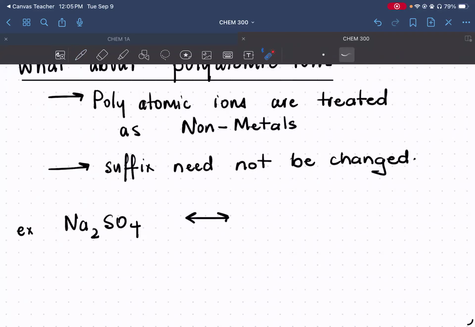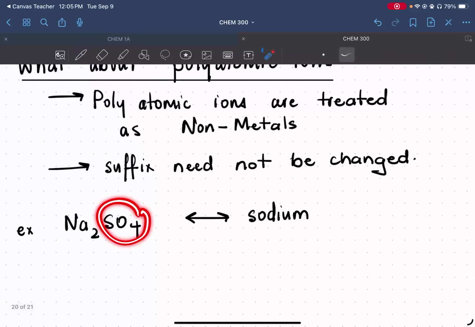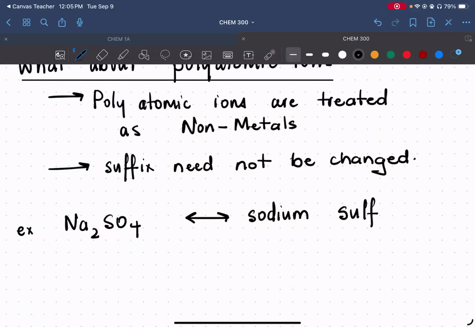All right, what do we have here? On the left, we have the sodium. Okay, that makes sense. Sodium is a metal, so it'll go first. Its name is unchanged. And then the anion is written second, SO4. Looking at your handout, that's just sulfate. That's the full answer for this question.